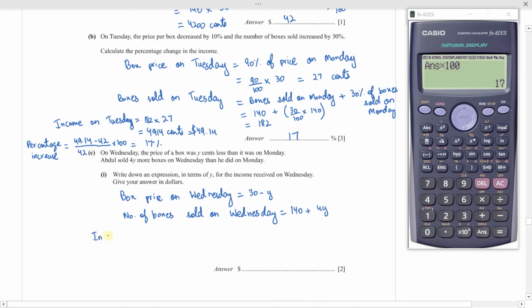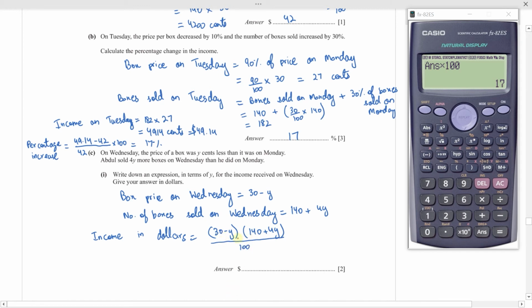So income in dollars. Remember this price is in cents. So income in dollars will be box price, which is 30 minus Y cents, multiplied by the number of boxes sold, which is 140 plus 4Y. So this is your income in cents, and then the whole thing is divided by 100 to convert it into dollars.